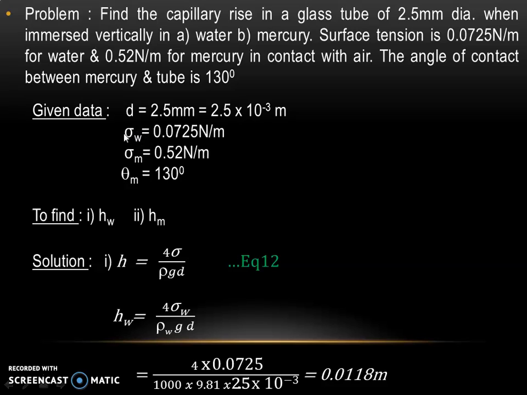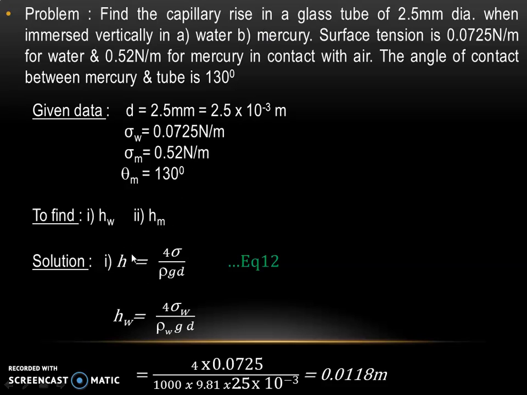Next is surface tension for water, which is given as 0.0725 Newton per meter, and for mercury surface tension is 0.52 Newton per meter, and angle of contact between the glass tube and the surface level of the mercury is given as 130 degree. So theta m is equal to 130 degree. With these data given, we need to find capillary rise for water and capillary depression for mercury.